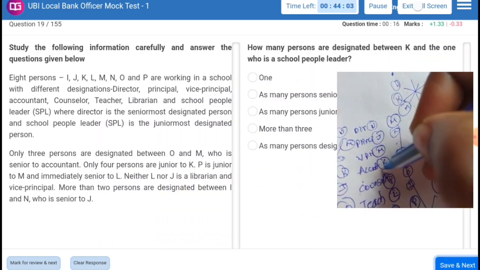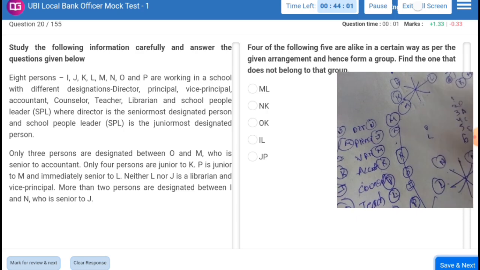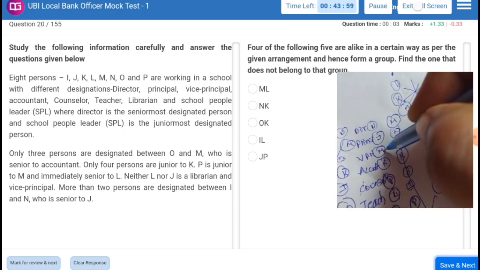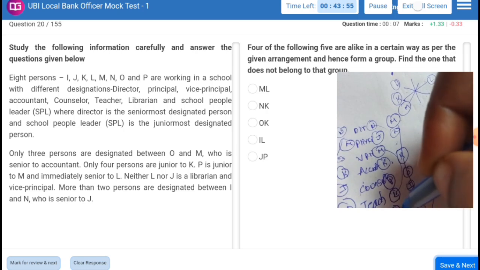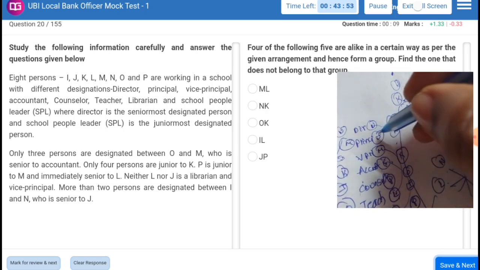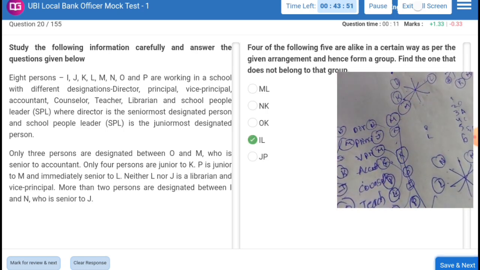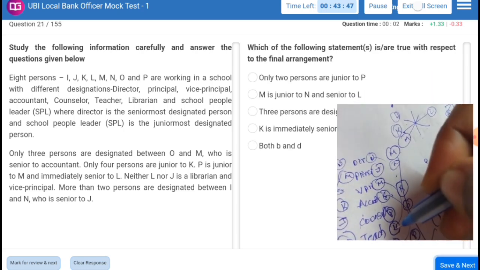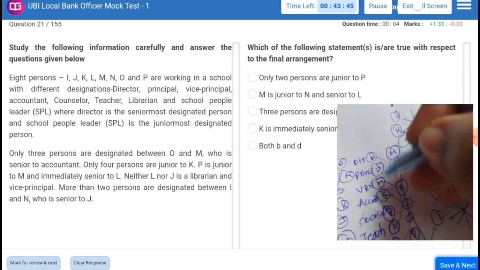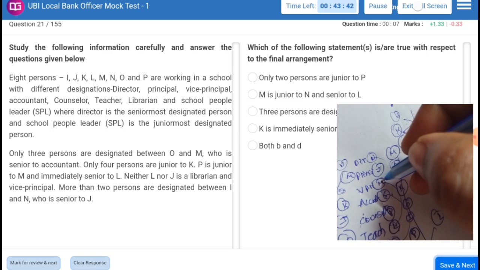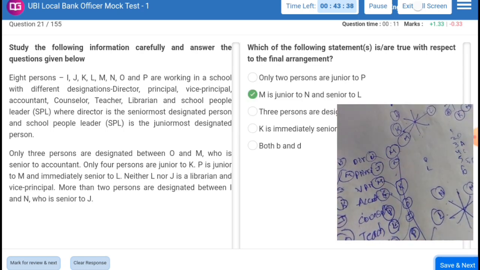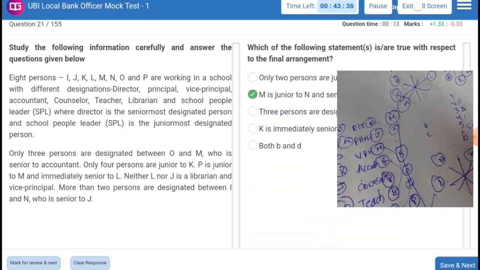J and L. And ML, NK, OK, IL, JP. Only 2 persons junior to P, and M is junior to N and senior to L. K is immediately senior to M.